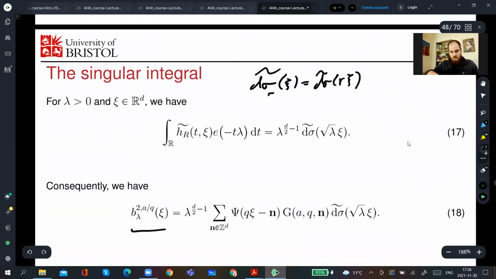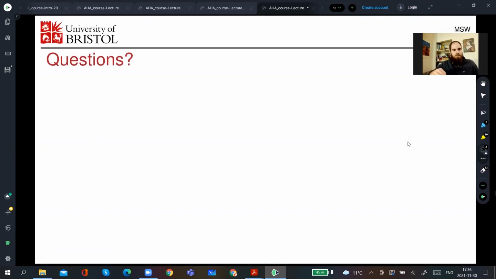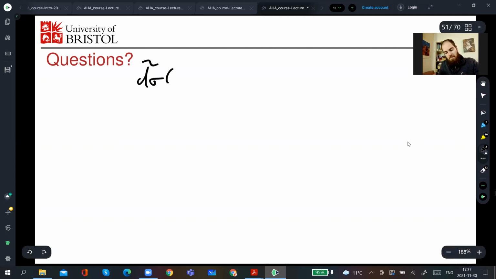Don't think so. No. Okay. Were there any questions about that? Remember, this spherical measure is a delta distribution, and it's compactly supported, so this Fourier transform makes sense. It had this nice decay as c goes to infinity. It decays like c to the 1 minus. Yeah, I'll just write it down.